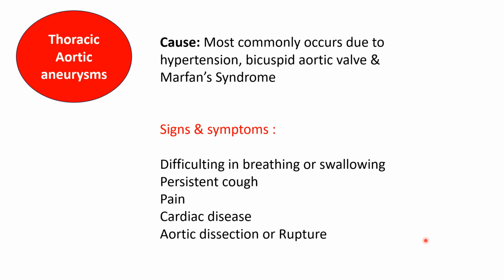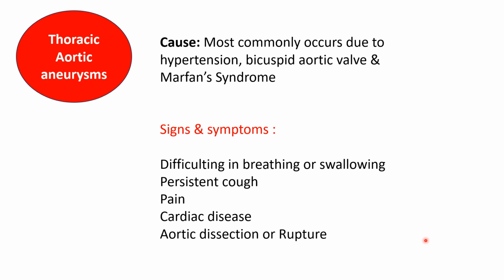Because of pressure effect or compression of the airway or esophagus, it can lead to difficulty in breathing or swallowing. Sometimes it can irritate the recurrent laryngeal nerve, resulting in persistent cough. It can also cause erosion of bone, like ribs and the vertebral bodies in the thorax. So that can cause pain in the patient.